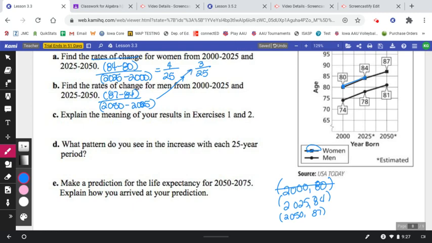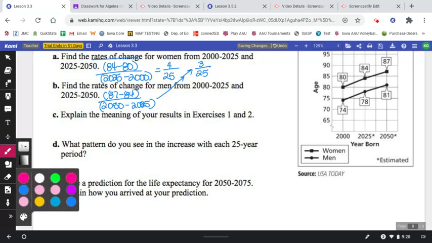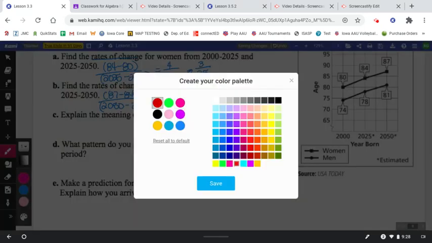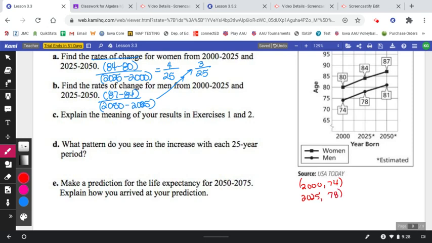And then I'll do the same thing for men for part B. So the men are the circled lines on the line graph. So for the men in the year 2000, they lived to 74. In 2025, they're 78, and that's my first equation.